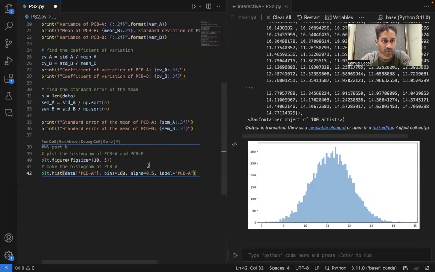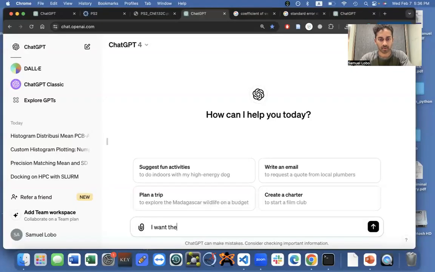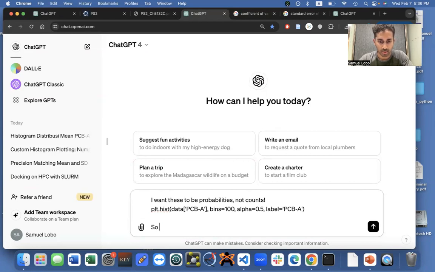So I'd say like I want these to be probabilities, not counts. So how can I get the bin heights and bin locations so I can divide by the total number of samples?